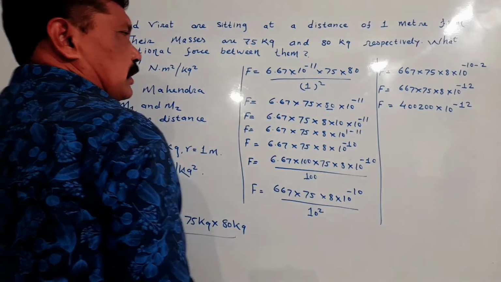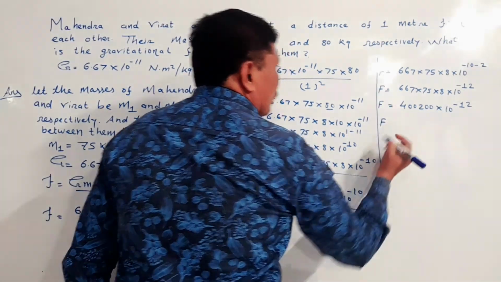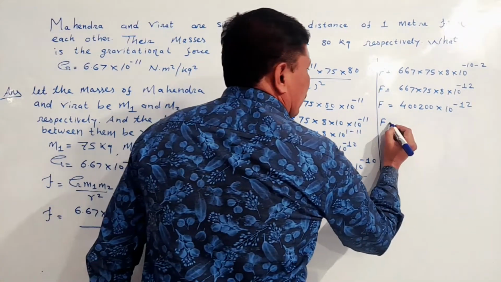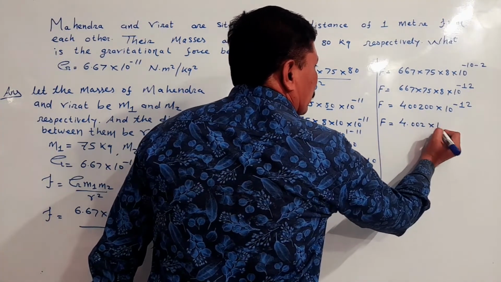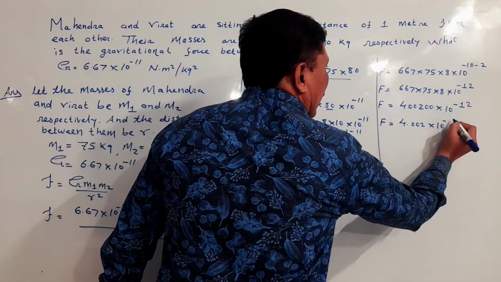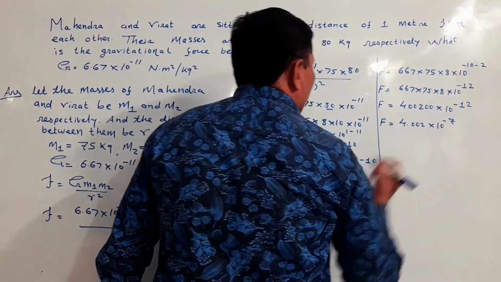Now my dear student, if we take the point after one digit, we can write F is equal to 4.002 into 10 to the power minus 7.